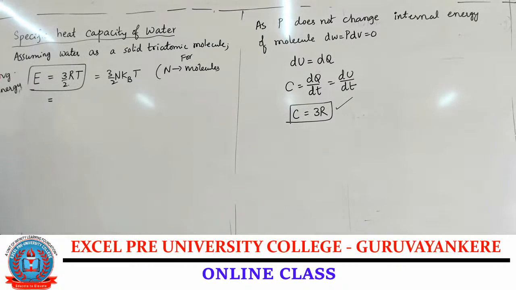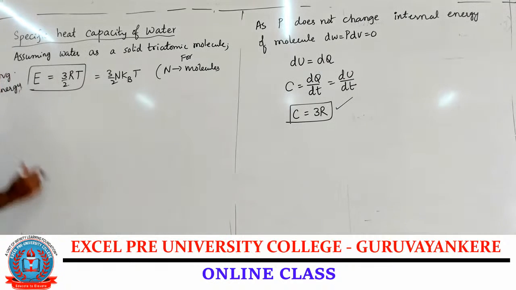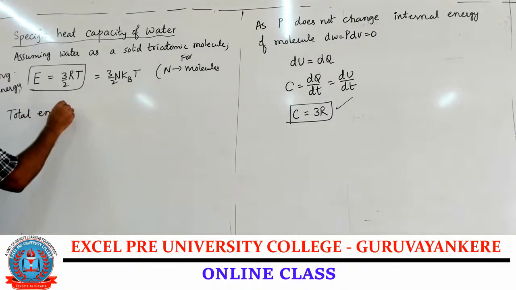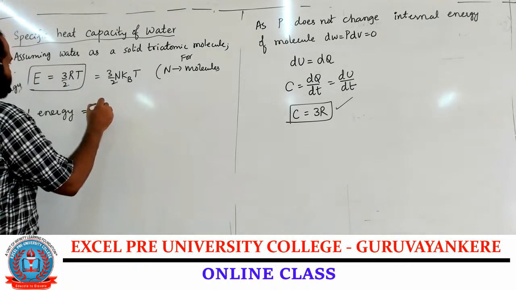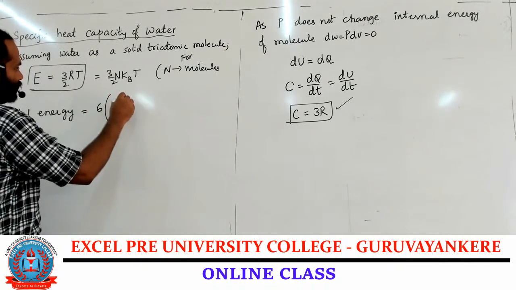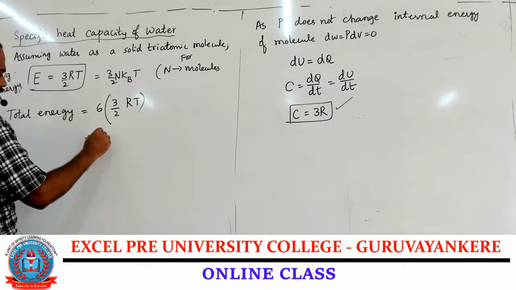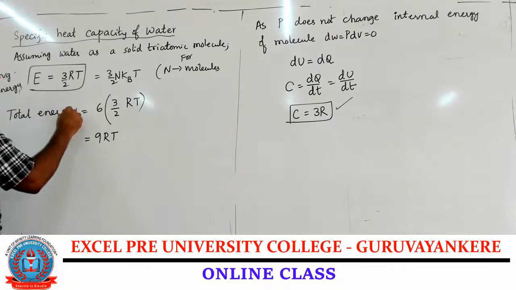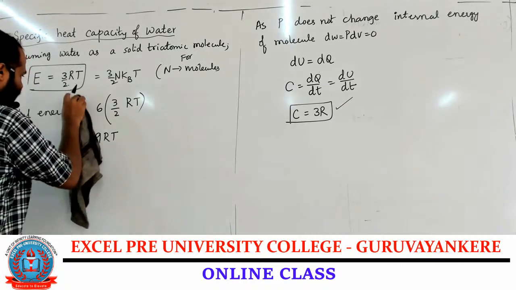Next, how many degrees of freedom does it have? 6, into 3 by 2 RT. So it will be 9RT. So the total energy is 9RT, which will be written as U.